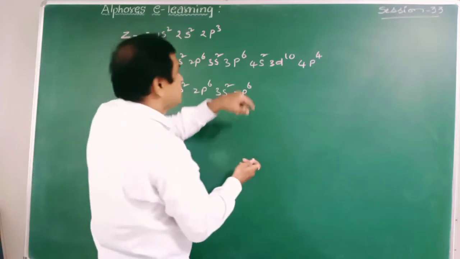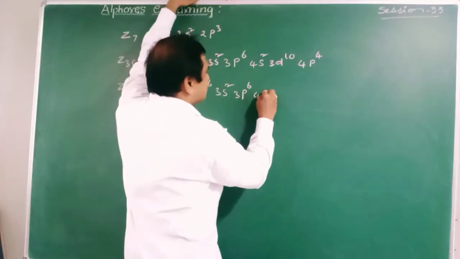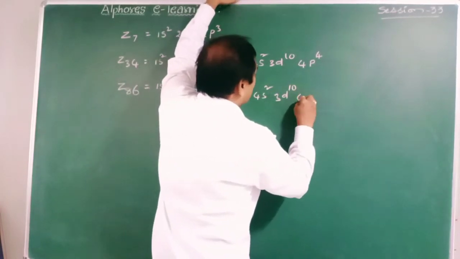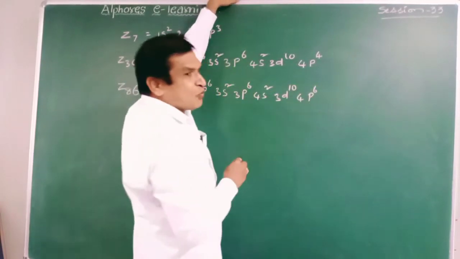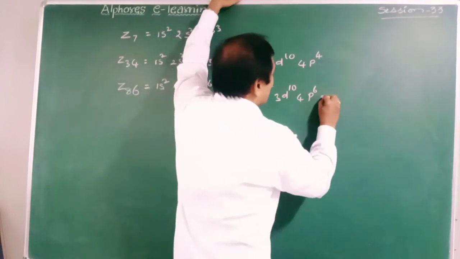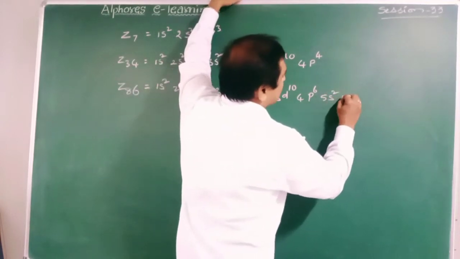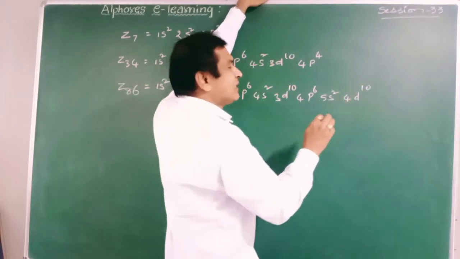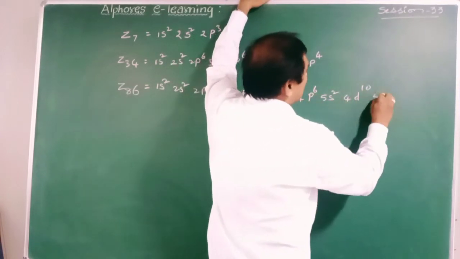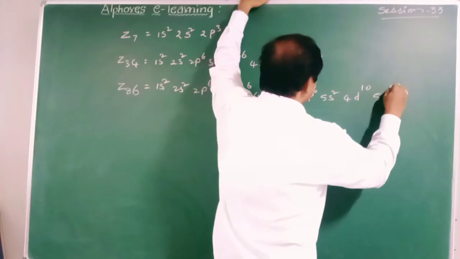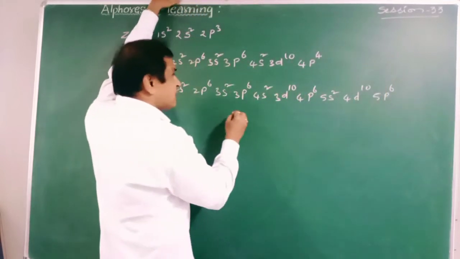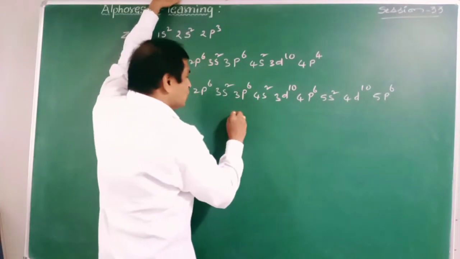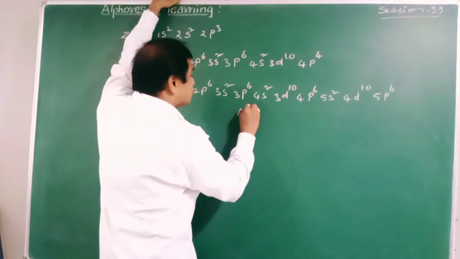3p6, then 4s2, then 3d10, then 4p6, then 5s2, next 4d10. After that, the next electrons go into the 5p orbital, 5p6. After that, 5 periods are completed. The next electrons go into 6s2.